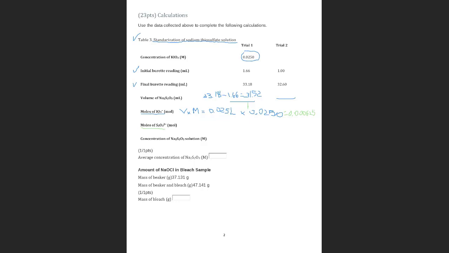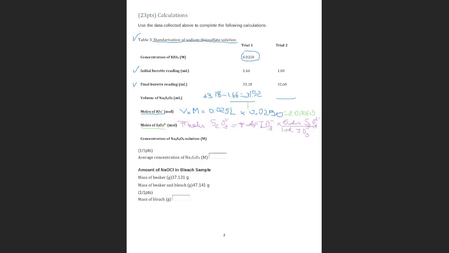We know that when you look at the molar ratio, the number of moles of thiosulfate is going to be the number of moles of the iodate that we just calculated, and then you use the molar ratio of the equation that we just saw in the practice: 6 moles of thiosulfate per 1 mole of iodate.